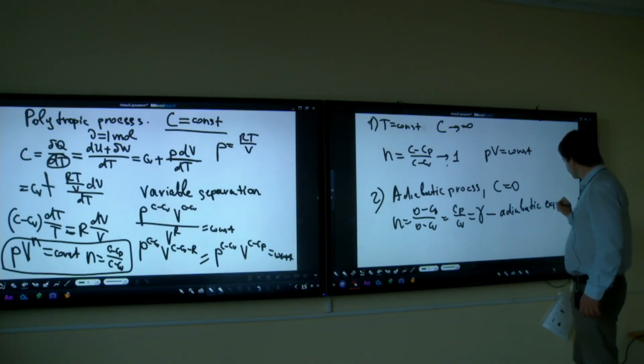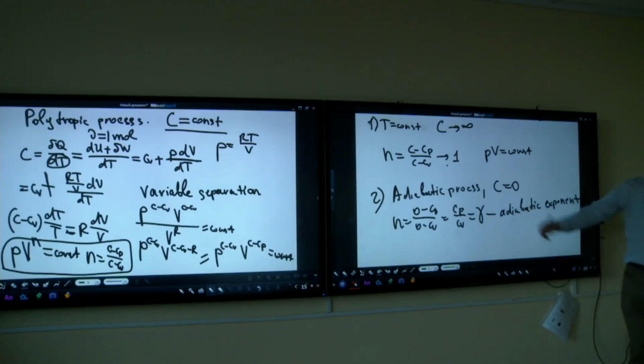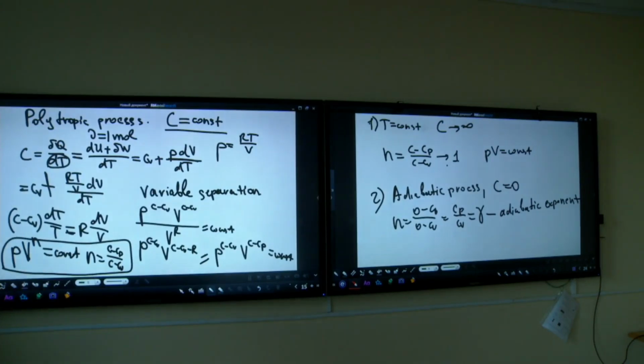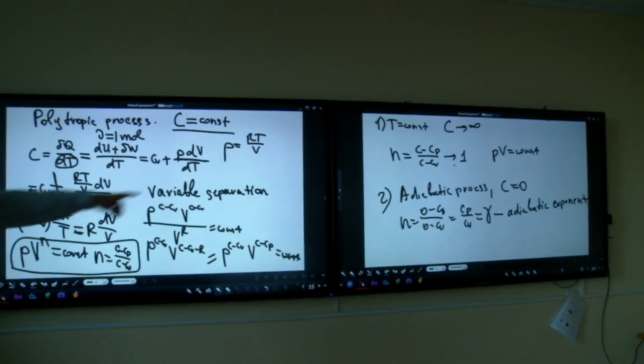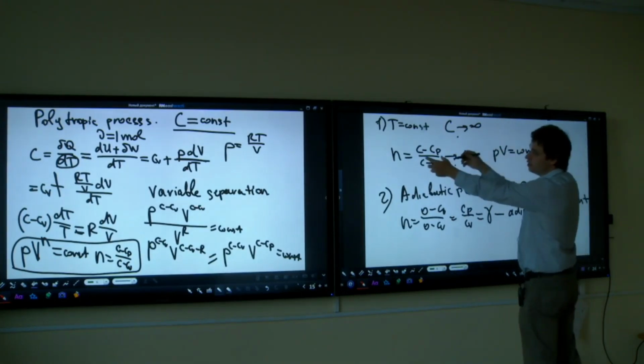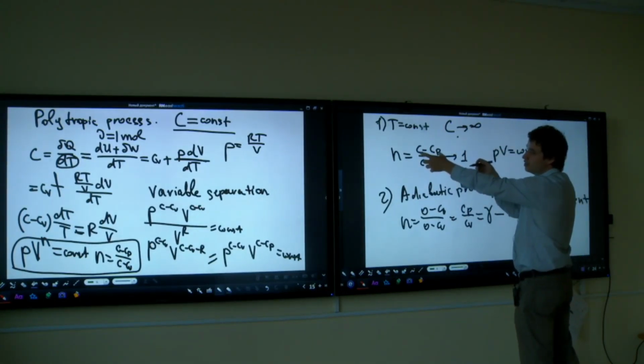So in one action, we have determined the equations of all polytropic processes, including the adiabatic. Why does it go to 1? Because as I take C to infinity, my C becomes much larger than Cp and Cv.